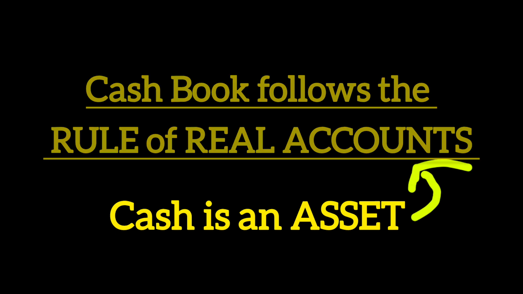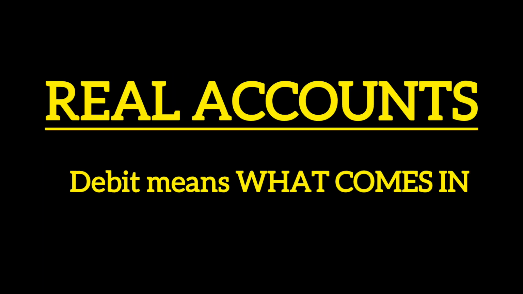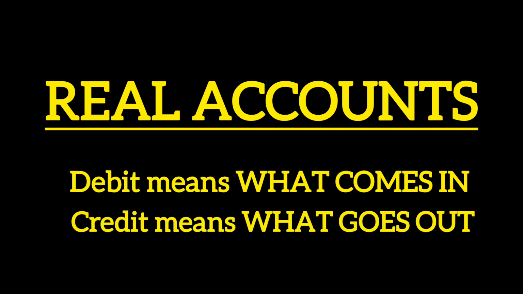It states that whatever comes into the business is categorized under debit, and what goes out from the business is categorized under credit. So what comes in means debit and what goes out means credit. In case of cash, the inflows are categorized as debit and the outflows are categorized as credit.